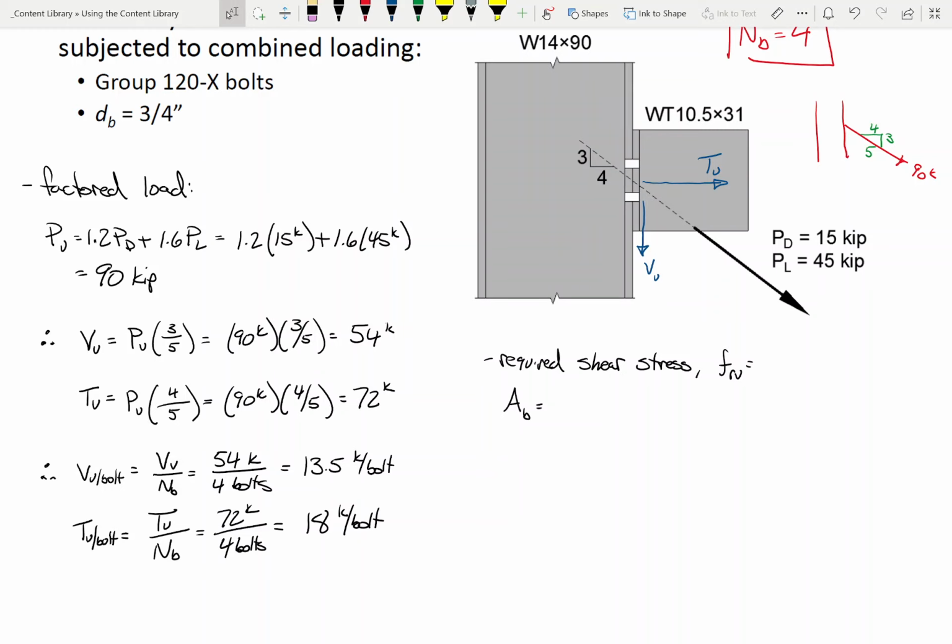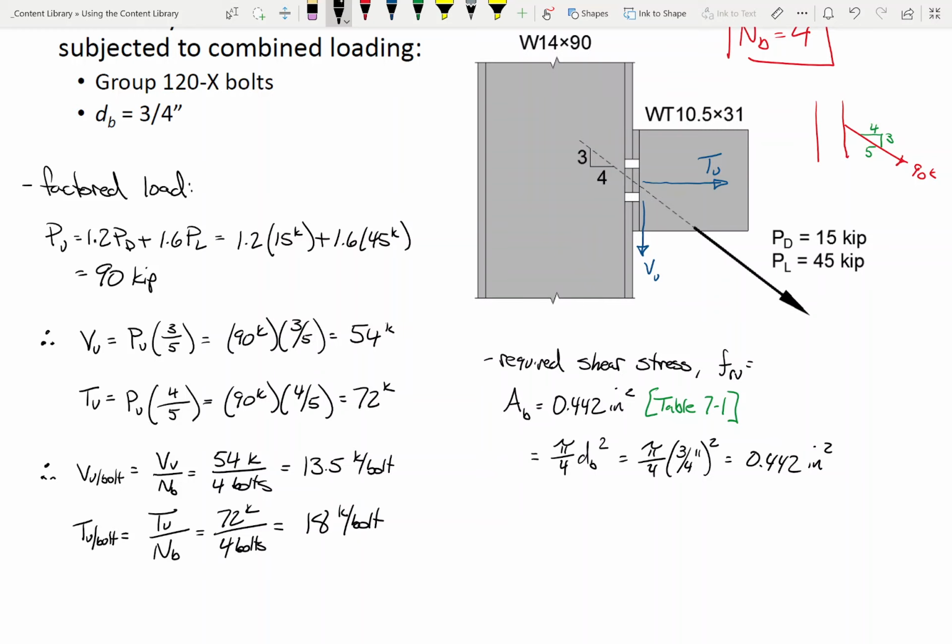Well, okay, you are right. We can look it up. And what is the area of a bolt? 0.442, which is from table 7-1. But if you don't recognize that, you can always just say pi over 4 dB squared, which is pi over 4 times 3/4 squared, which is again 0.442.